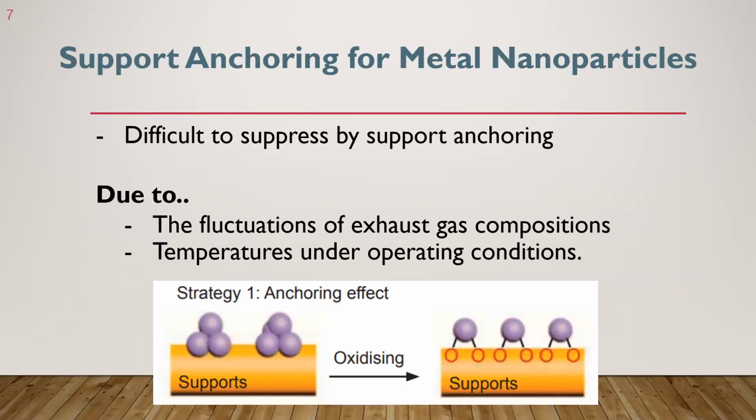In TWC, precious metal sintering is difficult to suppress by support anchoring due to the fluctuation of the exhaust gas composition and the temperature under operating conditions. In addition, the support anchoring effect only occurs at a given temperature window.